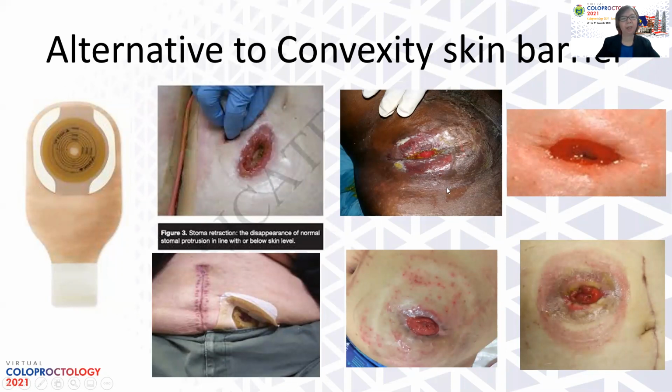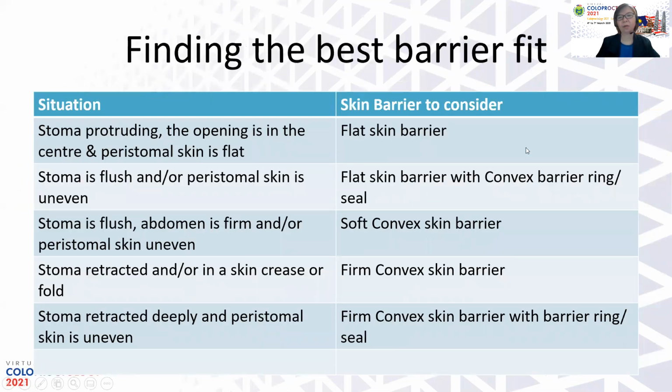Okay. Now I also found something that gives you a very simple way of matching the skin barrier fit. In a situation where the stoma is protruding, the opening is in the center, and the peristomal skin is flat, then the patient can use a flat skin barrier. But if the stoma is flush or the peristomal skin is uneven, then a flat skin barrier with some convex barrier ring will be helpful, or the seal.